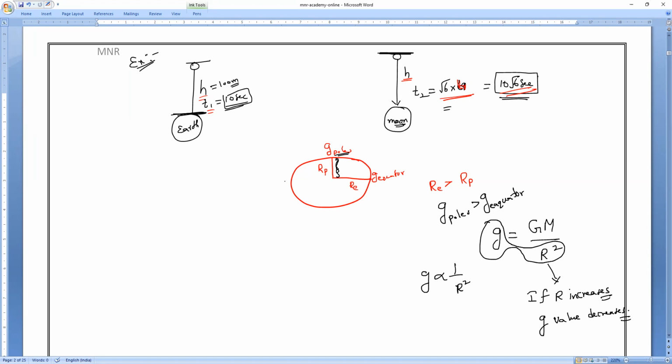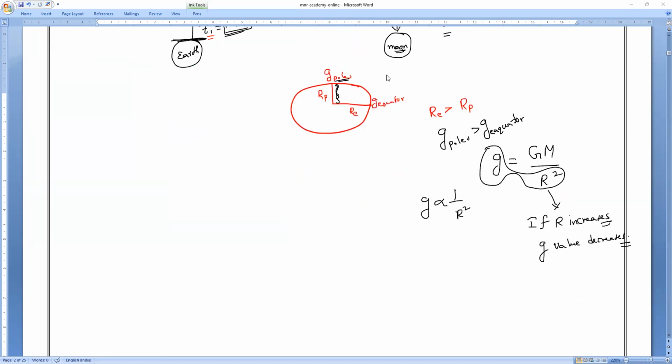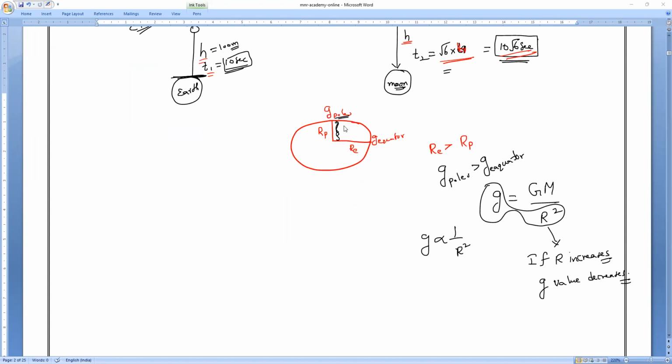Now, we have to prove it mathematically. The next question is, if you take the surface of the earth and the surface of the moon, what is the time taken to land an object? Because we all know the gravity of earth is not uniform throughout the body. At the poles, as the radius is less, gravity will be more.